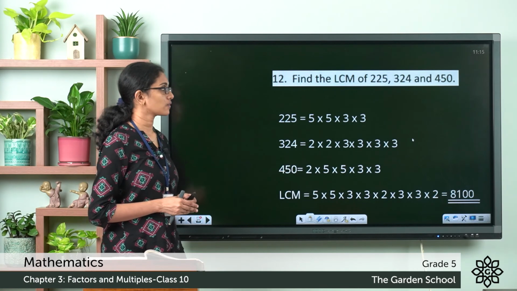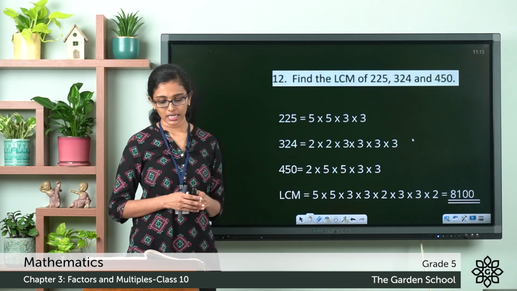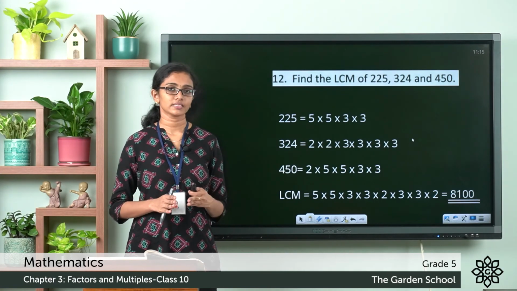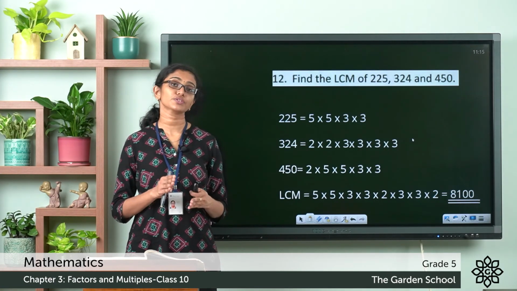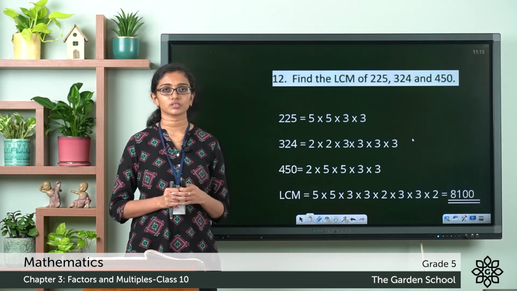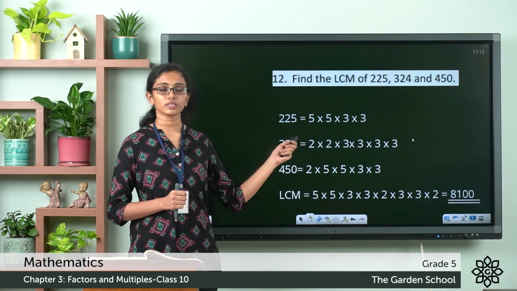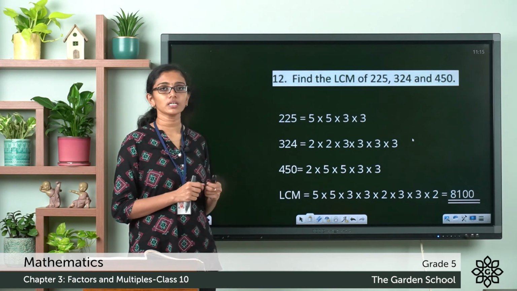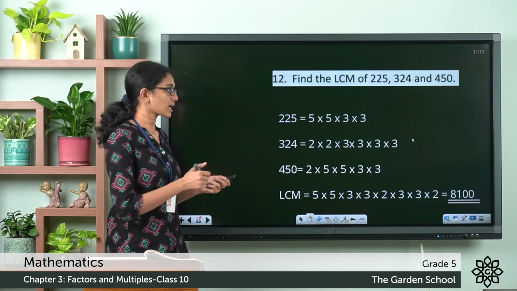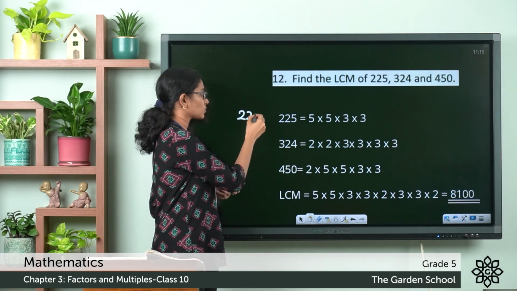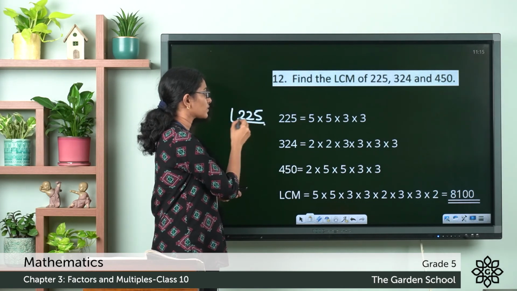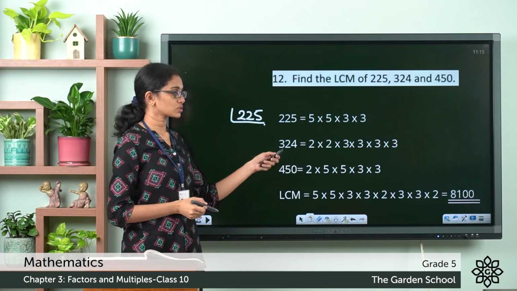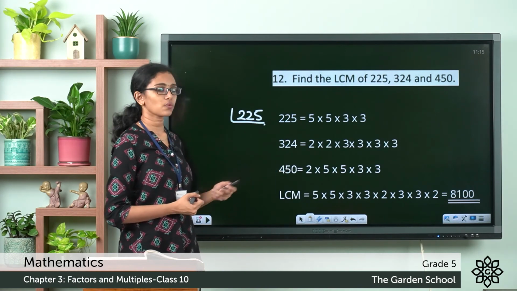Find the LCM of 225, 324 and 450. So, to find out the LCM of these numbers, first you have to prime factorize these numbers. So, how do you write the prime factors for these numbers? You can use the short division method for each of the numbers given here. So, you can use short division method to find the prime factors of 225 and do the same for finding the factors of 324 as well as 450.